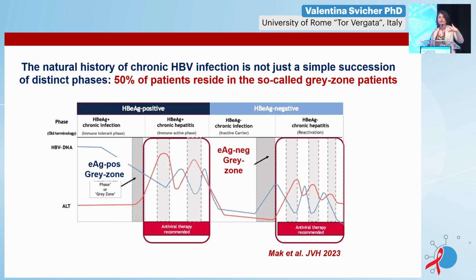In particular, we know that the natural history of chronic HBV infection is composed of different phases. However, there is evidence that more than 50% of people with chronic HBV infection do not fall inside any of these phases, since they display intermediate characteristics, and for this reason, they are defined as HBeAg-positive or HBeAg-negative grey zone patients.